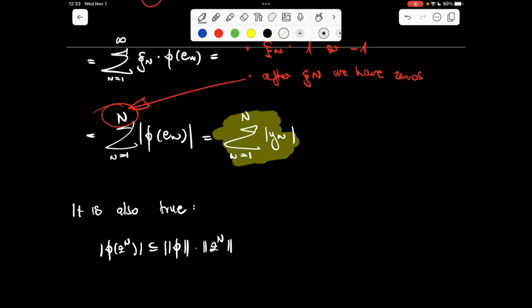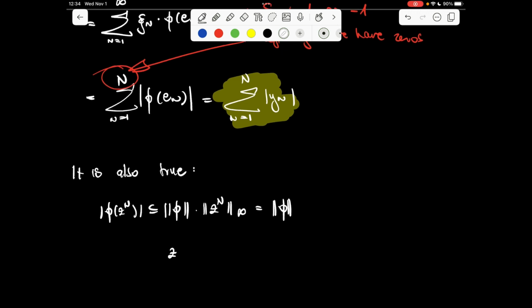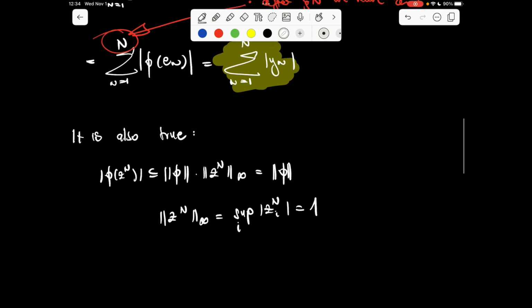So this is finite. This is supposed to be finite because we use this norm in this space, and this is 1. So this is the explanation to this inequality.